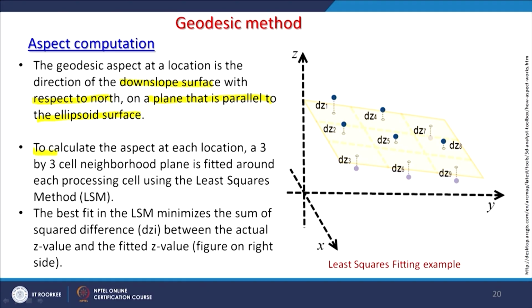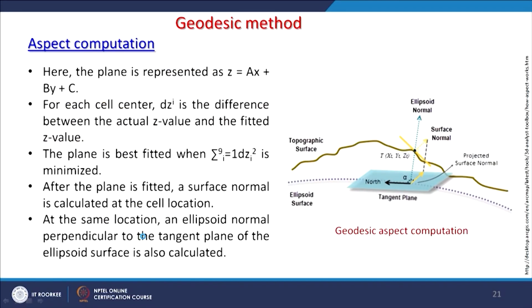To calculate the aspect at each location, again a 3 by 3 neighborhood or kernel is fitted around each processing cell using the least squares method, and then the best fit minimizes the sum of squared differences, the dZi, between the actual Z value and the fitted Z value.